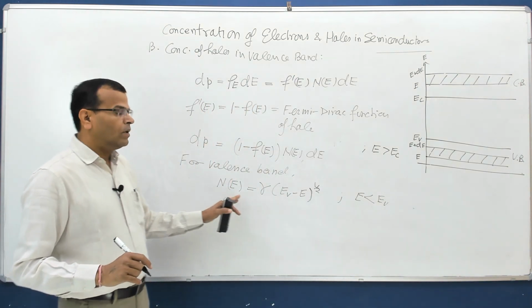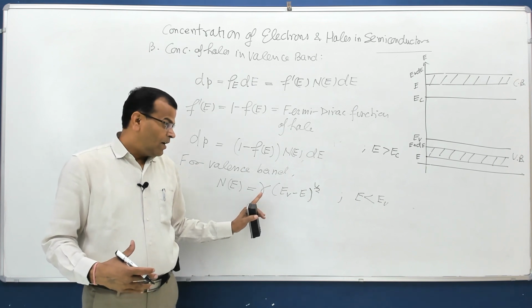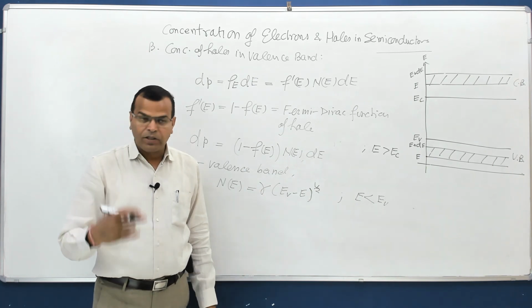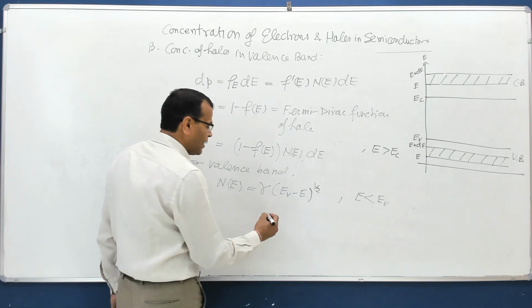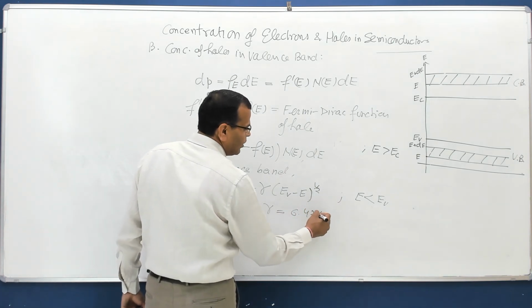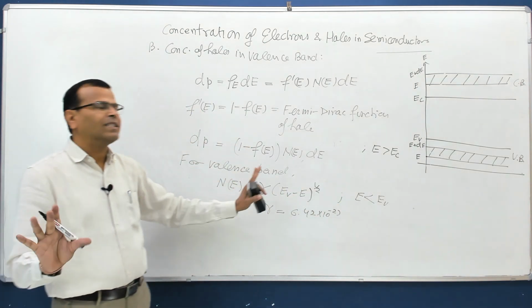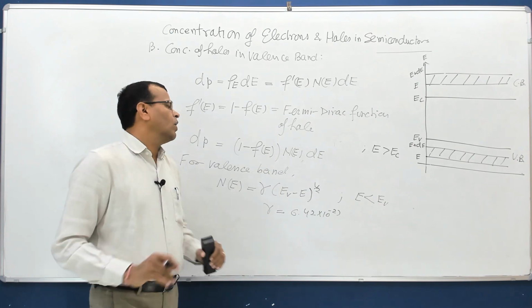There is no derivation for this; you should remember it. Gamma is a constant, as I explained in metals, approximately 6.42 into 10 to the power minus 27. I am not giving you the exact value, just letting you know gamma is a constant.